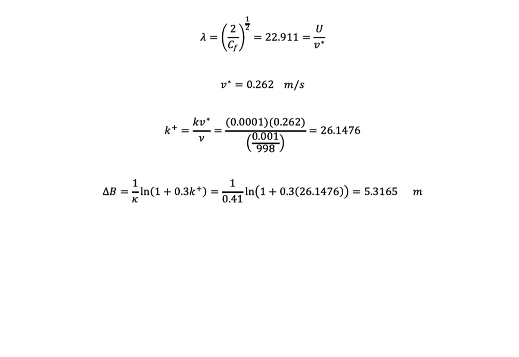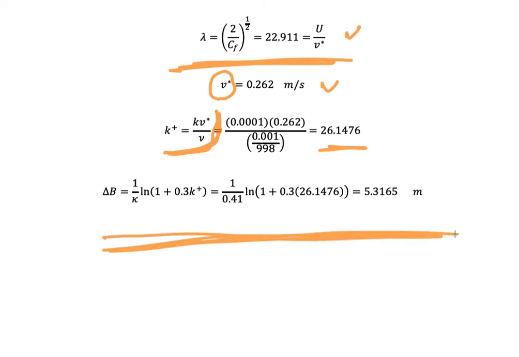From the CF, we can calculate the value of lambda, and from lambda we can calculate U over V star. V star is equal to 0.262 meter per second. After we get V star, we can calculate K plus, which is equal to 26.1476. Then we can use the equation for delta B, which is the same equation as shown in the previous solution.